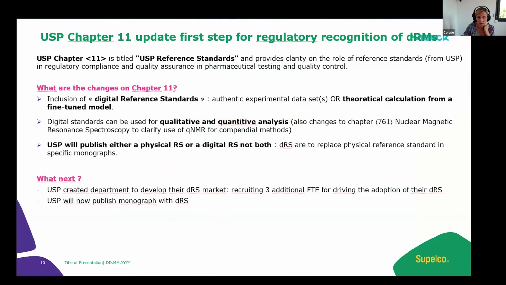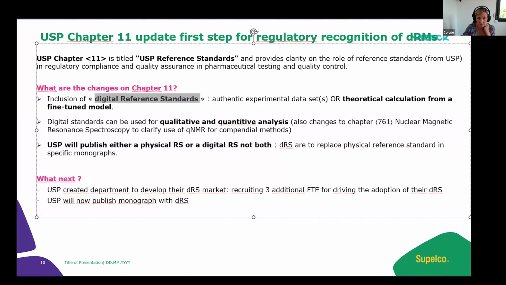They changed their Chapter 11 in December last year to include the definition of digital reference standard by USP. So we know that this year, very likely, USP will produce official compendial standards in the form of digital reference standards.